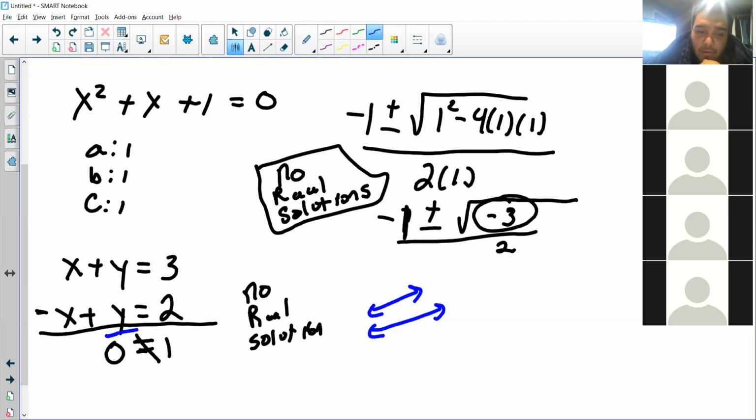And you show that by showing the constants not equaling each other. Now that's a no solution.